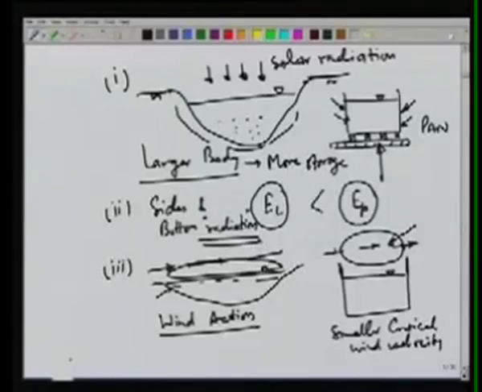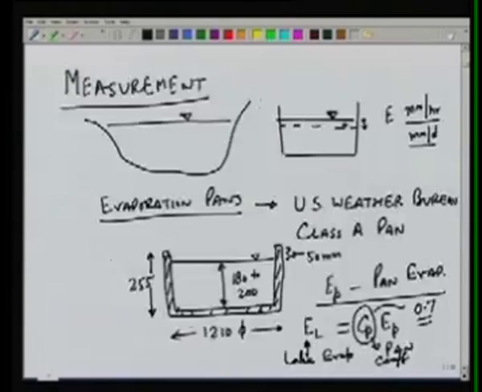So because of all these factors, size, the material, wind action, open to atmosphere, because of all these factors the pan evaporation is higher, and therefore we need to use a coefficient of 0.7 for class A pan.